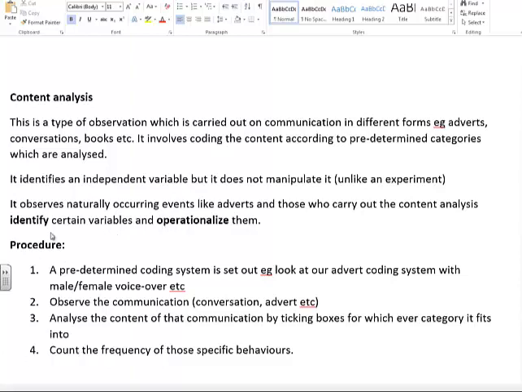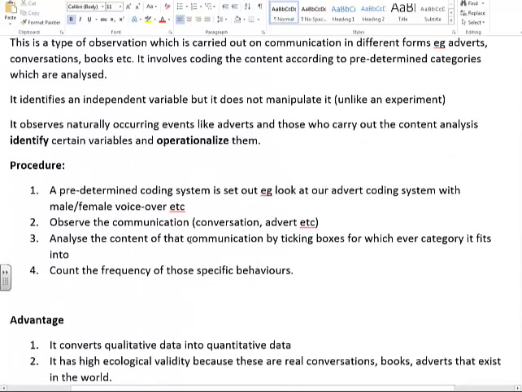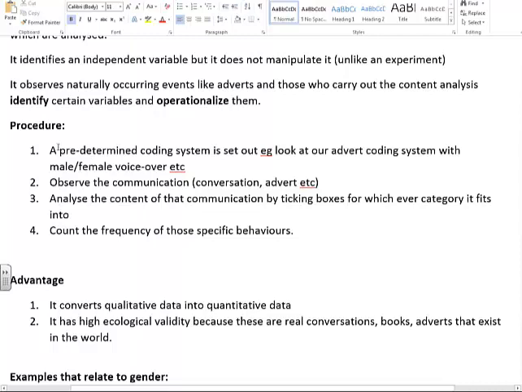So where are we up to? We are going to talk about the procedure. So what do they actually do? What is the procedure? Okay, so the procedure is that they set out a predetermined coding system. All right, so they look at the advert coding system with, for example, finding out categories like whether it's a male or female voiceover.